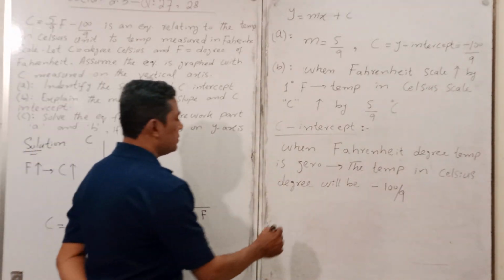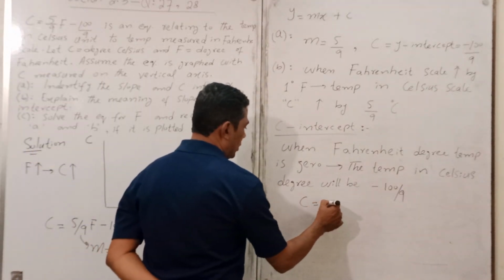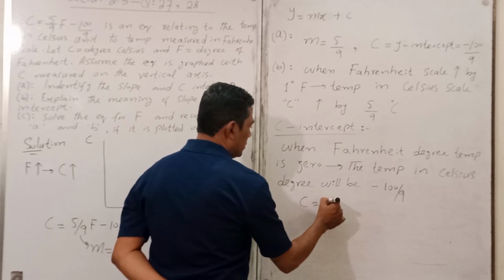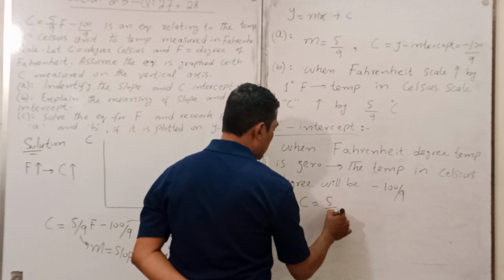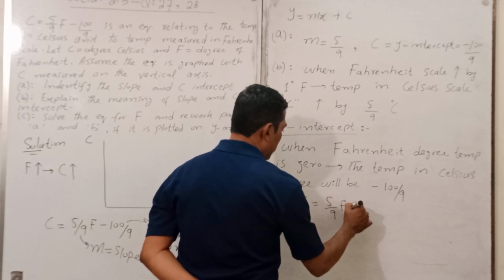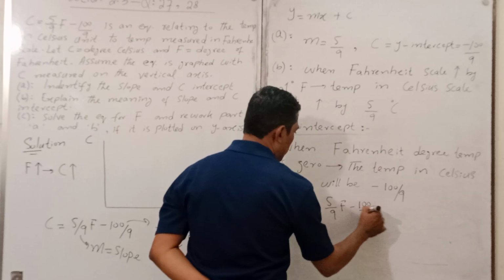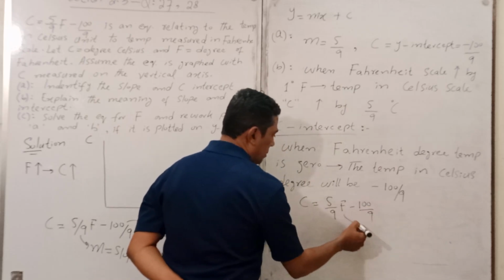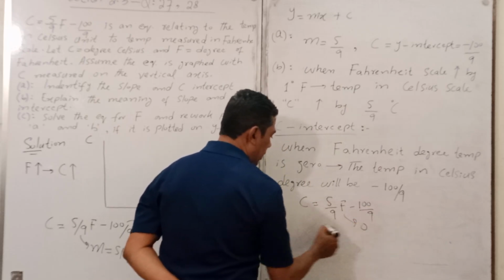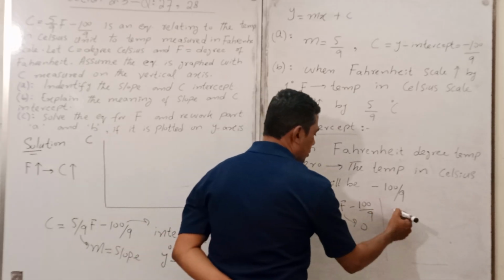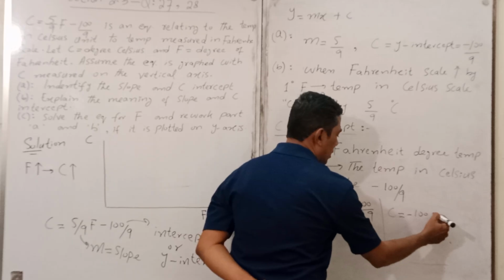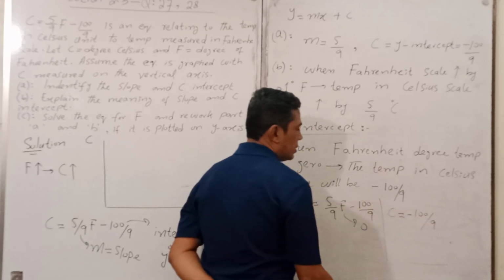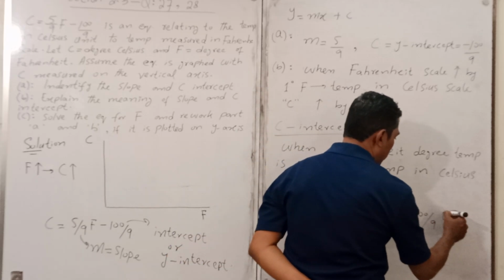What does it mean? C equal to 5 over 9 F minus 100 over 9. Put 0 here, so C equal to minus 100/9 centidegree.